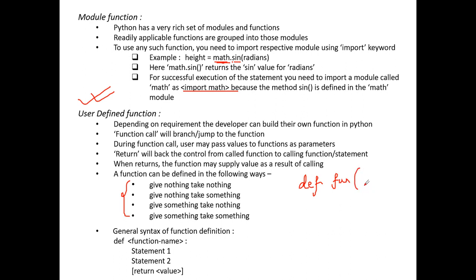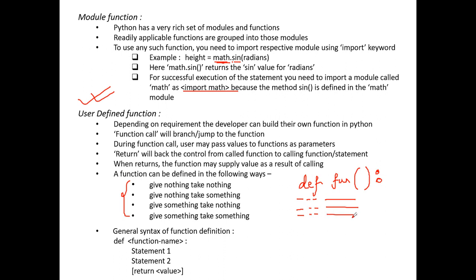If you want to pass some parameter or argument, you can put it over here, but currently I am not taking anything. So this is the definition of a function. Then you have to give a colon as usual and write the body here, with proper indentation. See, this is the indentation. You have to follow the indentation.